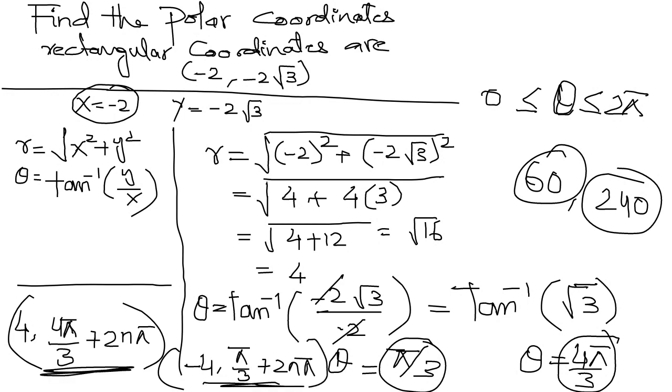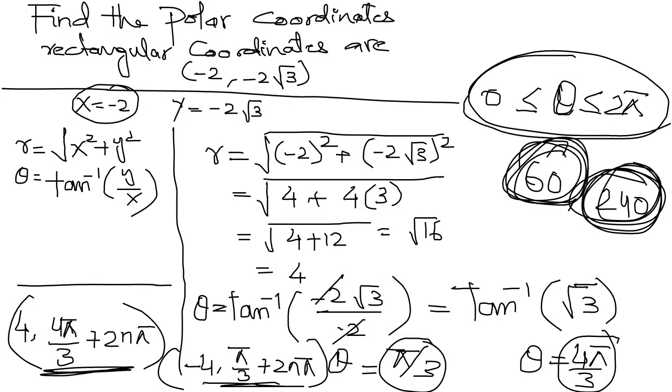So these are the two values. Understand? You will get one is 60, one is 240. You can write either one, but if it is said you have to write between 0 and 2 pi, then you have to write both. Any question?